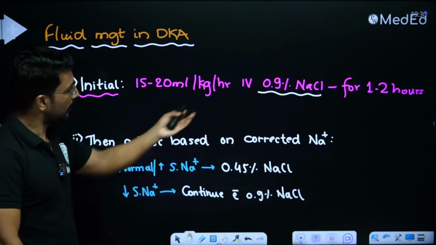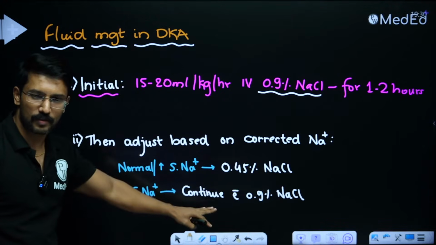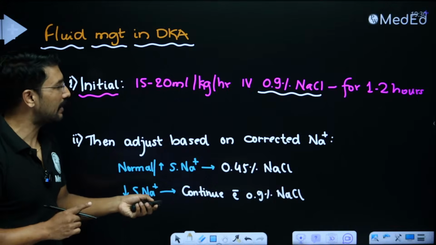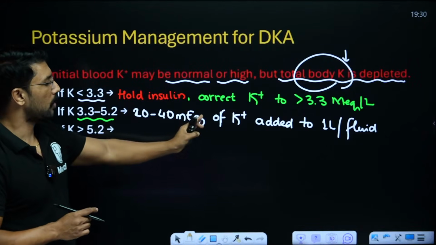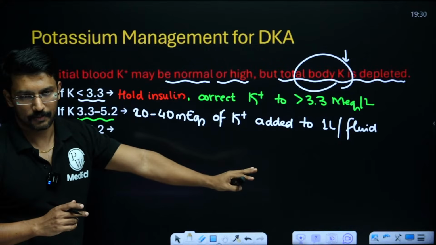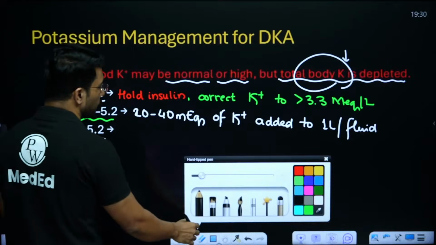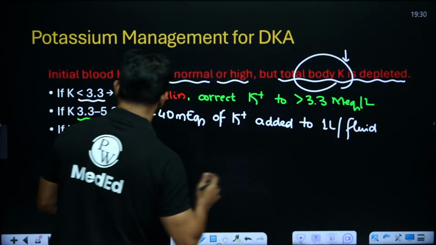The fluid is going to be either normal saline or half normal saline depending on the circumstance, but in every liter of that fluid we add 20 to 40 milliequivalents, or 20 milliequivalents of potassium in every half liter. Okay, and if the potassium is more than 5.2 at this point of time, I don't need to give potassium because it's already on the higher side in the blood.